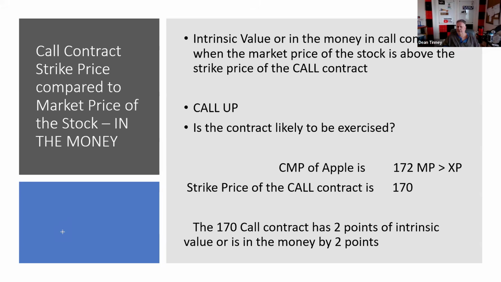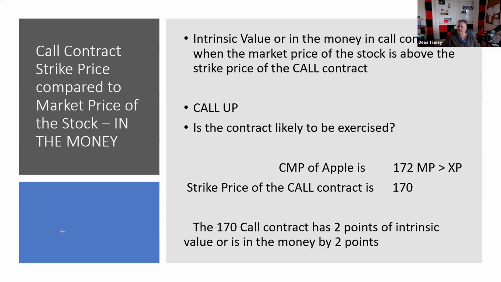Now, another thing you can do to answer this question about intrinsic value is you can use what I call a framing question. A framing question is a question you ask yourself. Is the contract likely to be exercised? Is it likely, even from a long perspective, we're looking at a 170 call contract. Is it likely somebody wants to buy Apple at 170 when Apple's at 172?